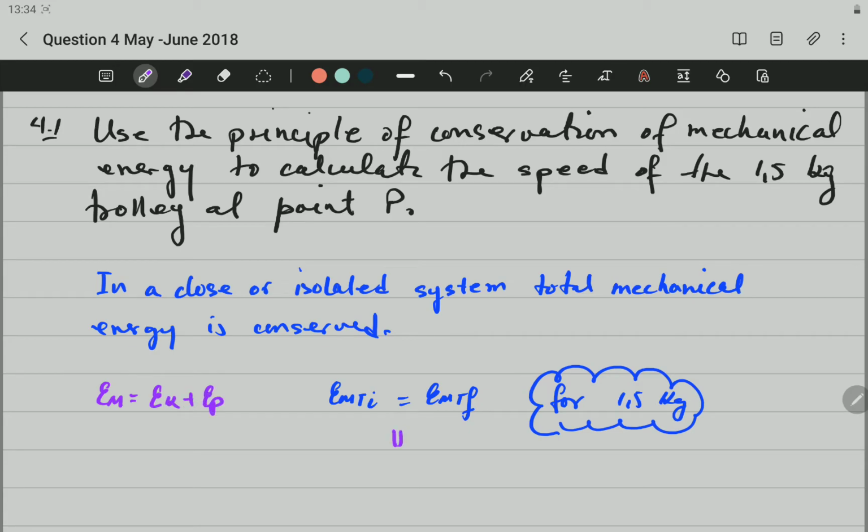So from here, we have that the kinetic energy initial of the trolley, it's only one trolley, we're working with the 1.5, plus the potential energy initial of that specific trolley is equal to the kinetic energy final plus the potential energy final. Remember, we're working with this specific trolley. We are not working with both trolleys.